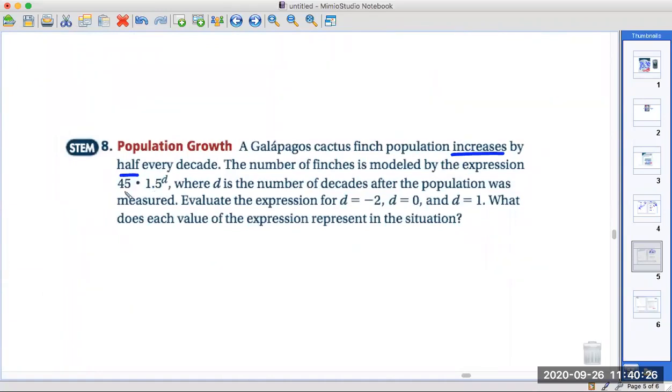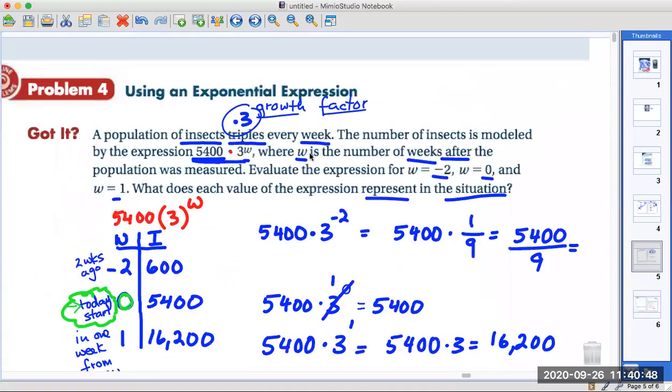What do you think the 45 means? It's the beginning when we start counting, how many birds do we have? 45 birds, right? So let's look at this. Increases by half, 1.5. The number of finches is modeled, oh, every decade. That's important, because the time span, look at here, it was weeks.